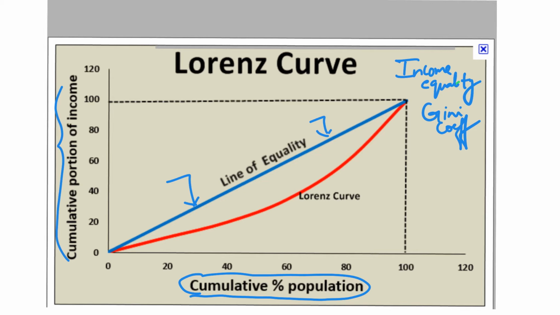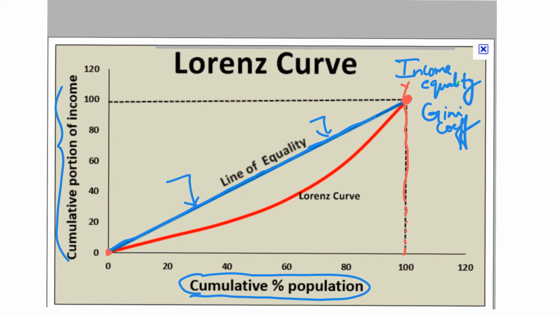That is, 0% of the population is having 0% of the income, that is this point, and 100% of the population is having 100% of the income, that is this point.